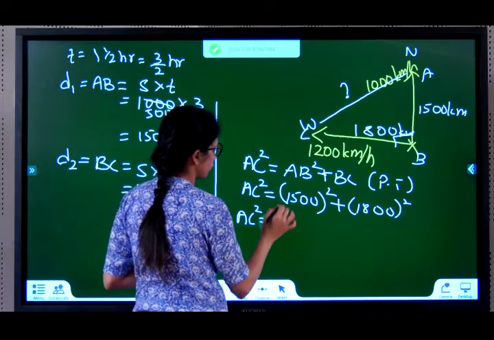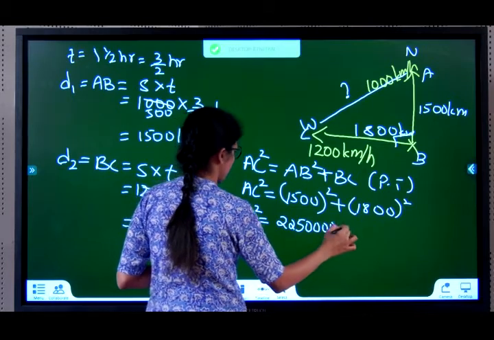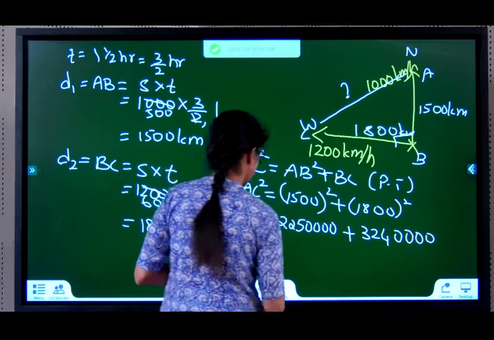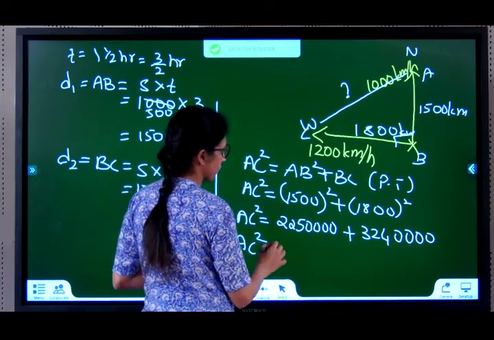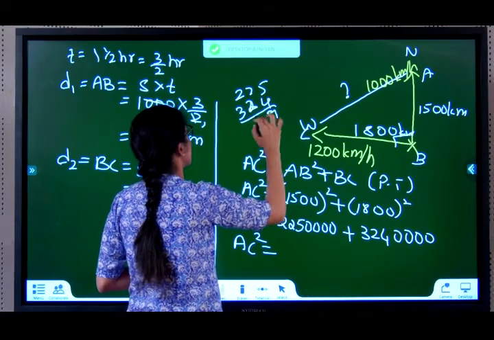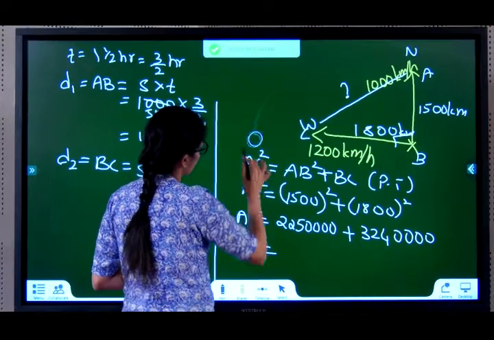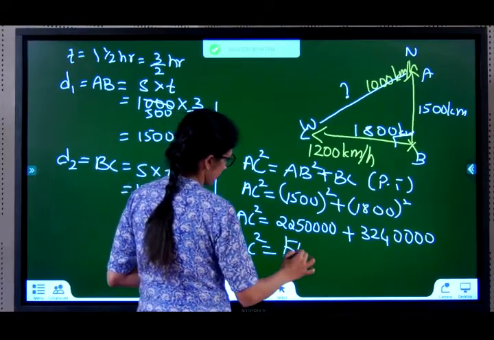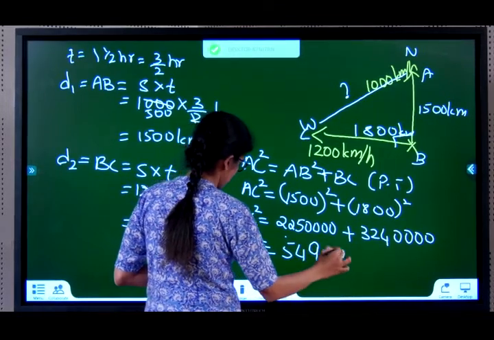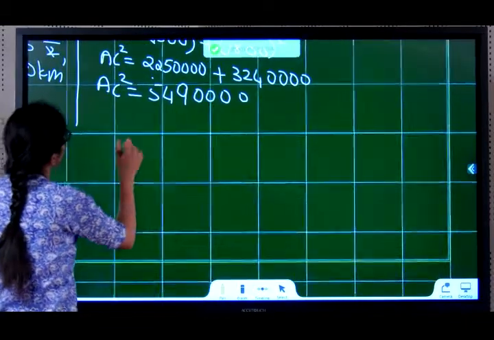AC square is equal to 225 followed by four zeros plus 324 followed by four zeros. AC square is therefore 225 and 324. If you add it, you get 549 followed by four zeros. So now how do we solve this 549?